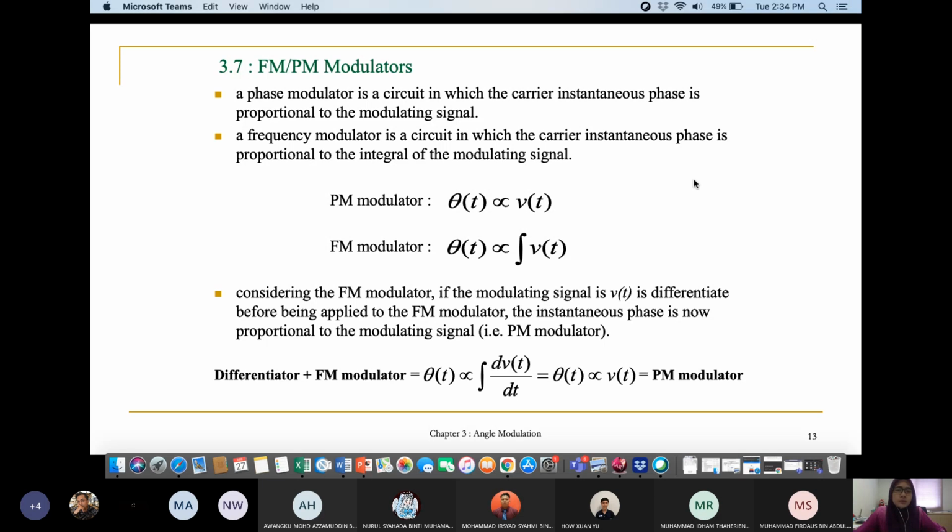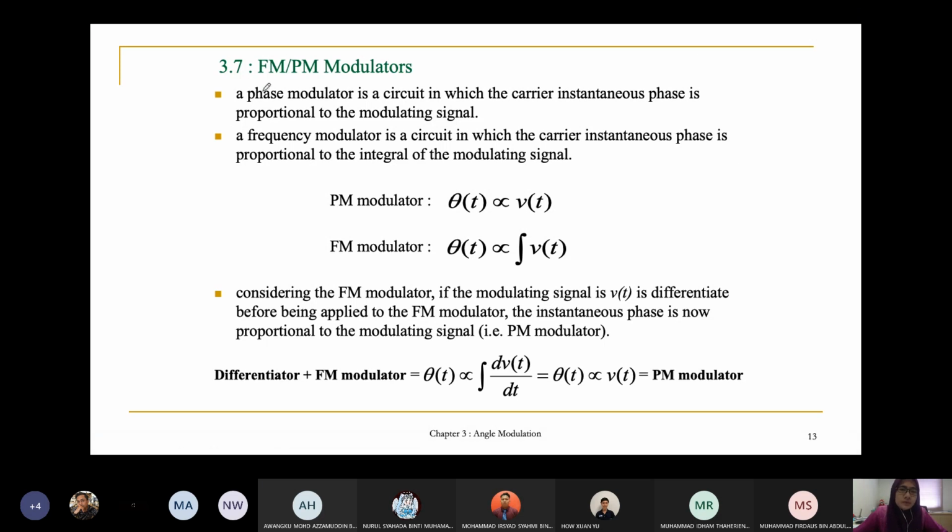Previously, you already know that for a phase modulator, PM, the carrier instantaneous phase is proportional to the modulating signal. So for the PM modulator, the carrier instantaneous phase, theta t, is proportional to the modulating signal, VMt.